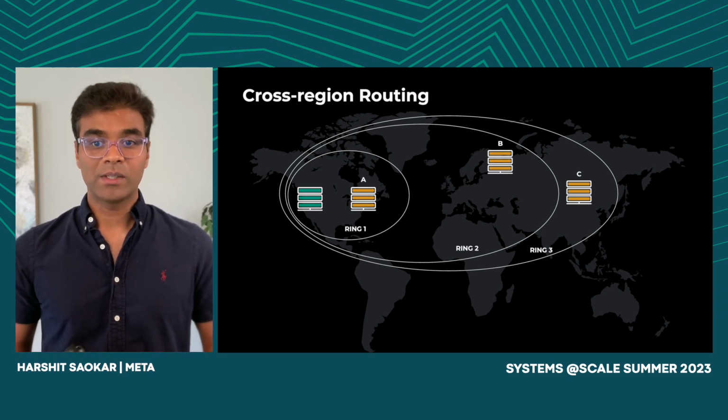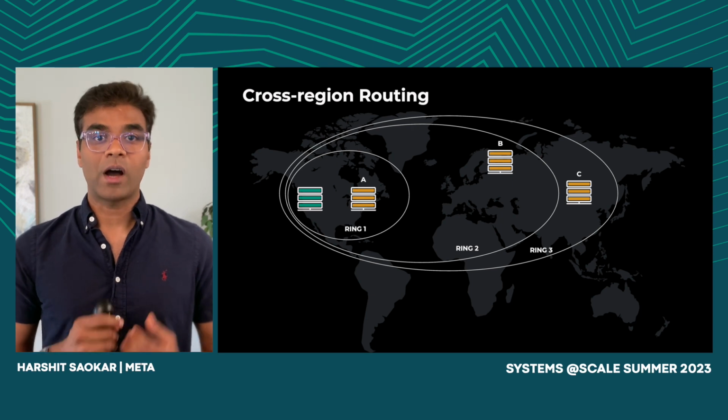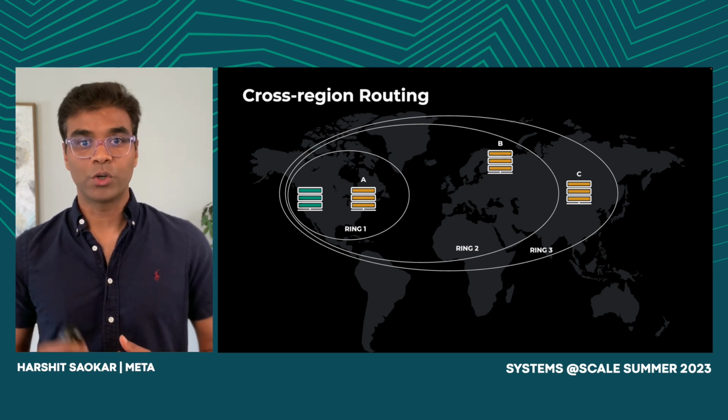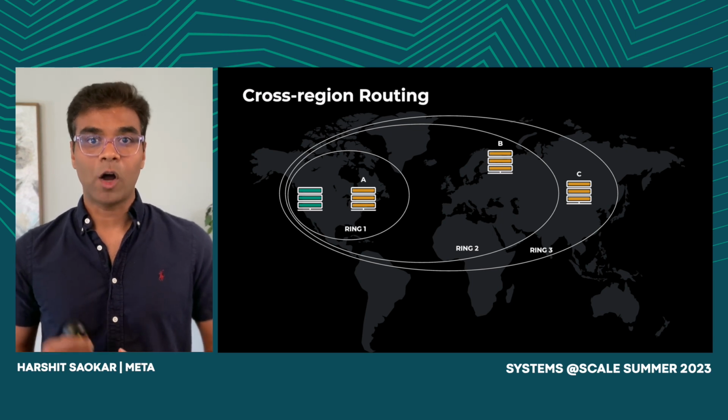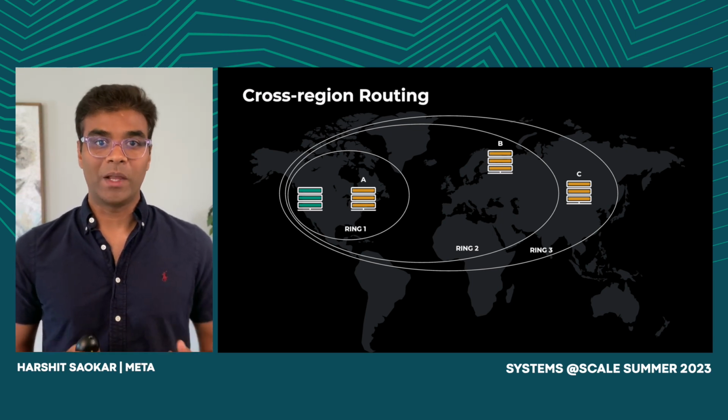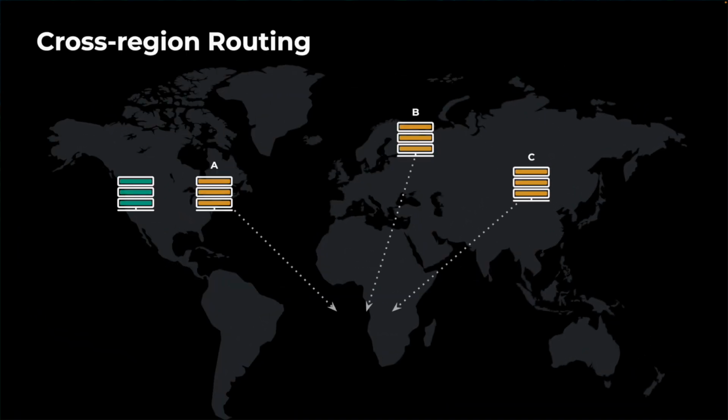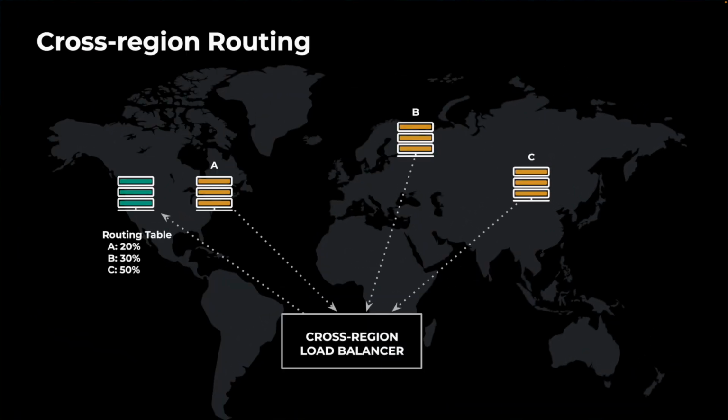However, some services want more control over how much traffic each region should receive. For these, we delegate the job of finding optimal region to the control plane. Cross-region load balancer is a control plane module that is responsible for providing this hint to the clients. Its job is to generate source-specific routing table which tells how often clients should pick a certain region.